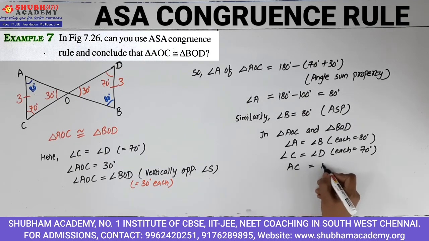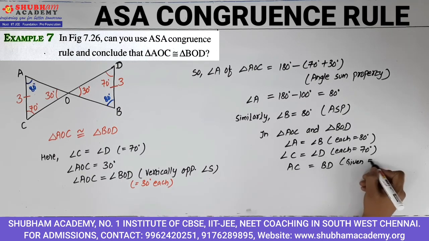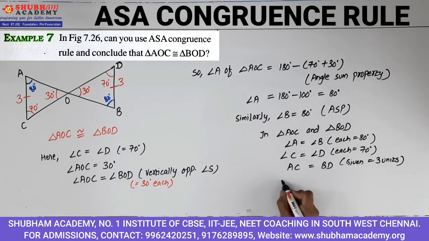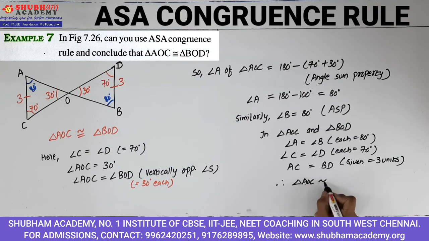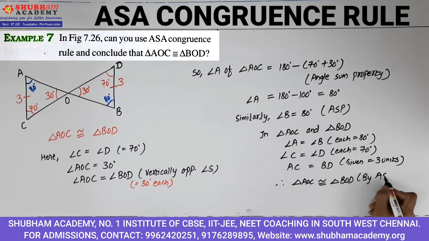AC is equal to BD. It is given, equals 3 units. So therefore triangle AOC is congruent to triangle BOD by ASA congruence rule.